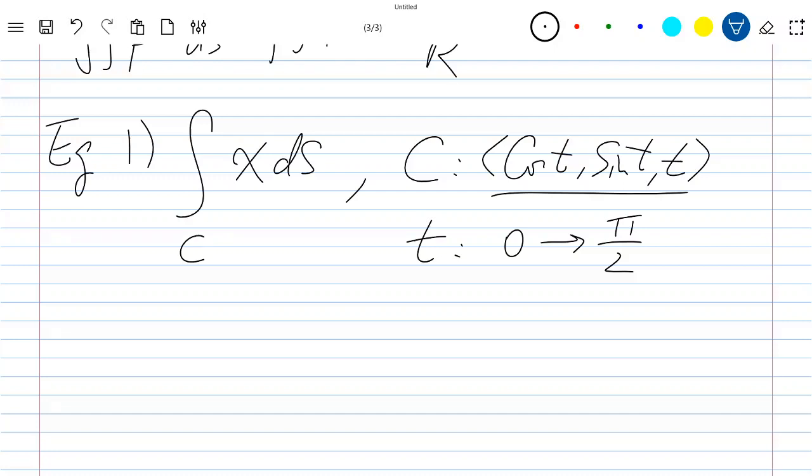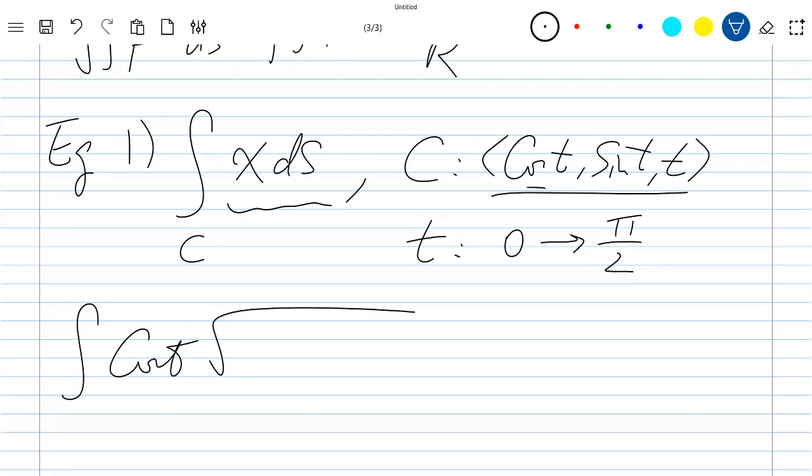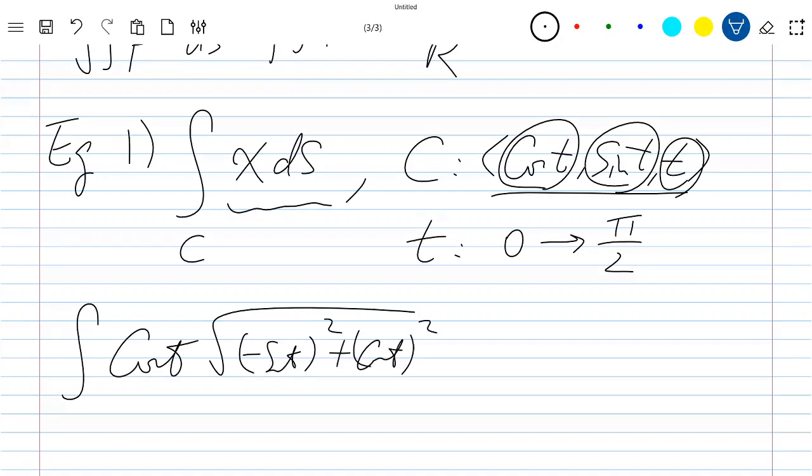So how do we integrate that? This is a scalar integral, so we would have a square root. And what is x? x is cosine t, and the square root, and what's inside? It's the derivative squared, derivative squared, derivative squared, right? So it's negative sine t squared plus cosine t squared plus 1 squared, dt, and from 0 to pi over 2.